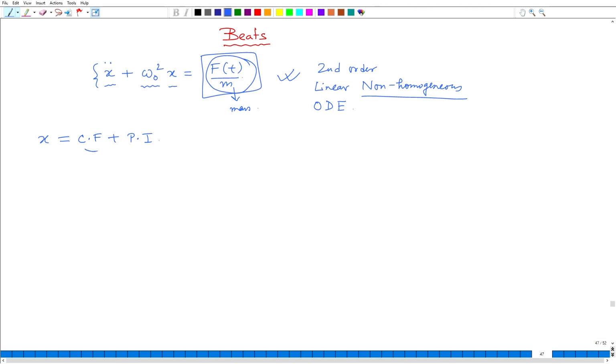So, complementary function is the solution of this equation when this right hand side is assumed to be 0, and particular integral is the solution of this equation with this right hand term being present, okay.